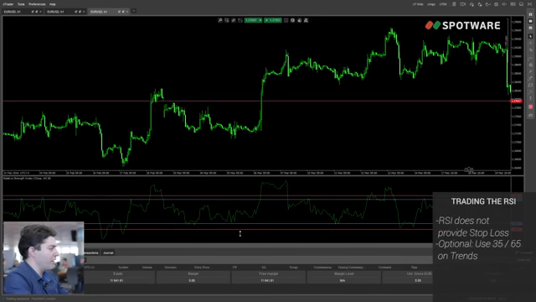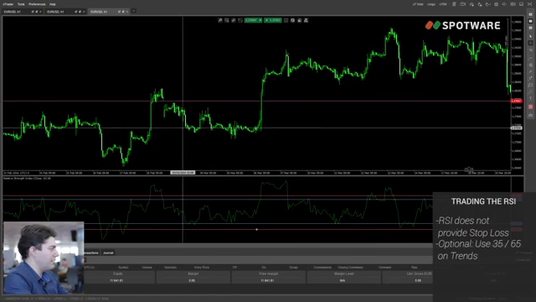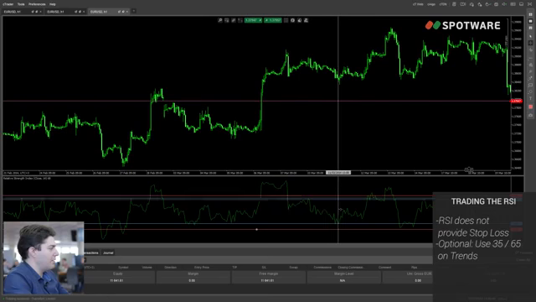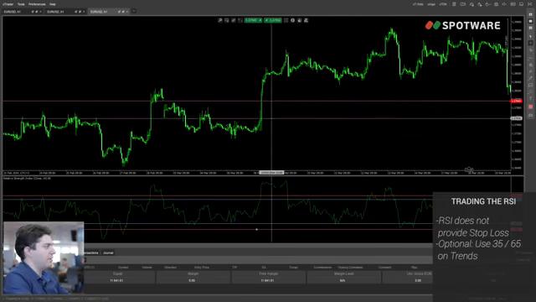I'm not going to explain why now, I'm just going to tell you, use the level 35 instead of 30, and you're going to get your signals. Like here, and here we have another signal, and here another signal. It never reaches 30 in a trend.